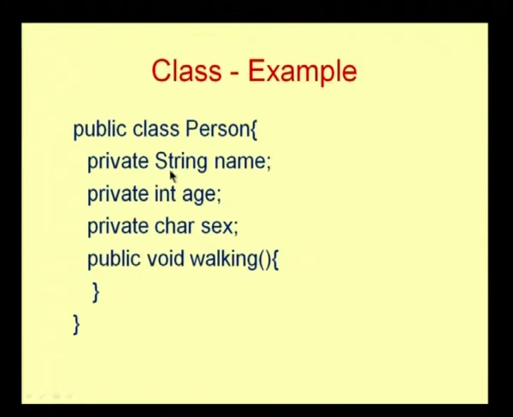So String is of type class. Next, I have a private int age. Next, we have a private char sex. Next is public void working. This is a method. Here we didn't give any definition, it's just a blank definition.